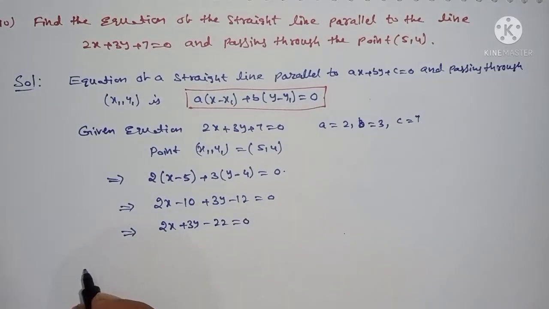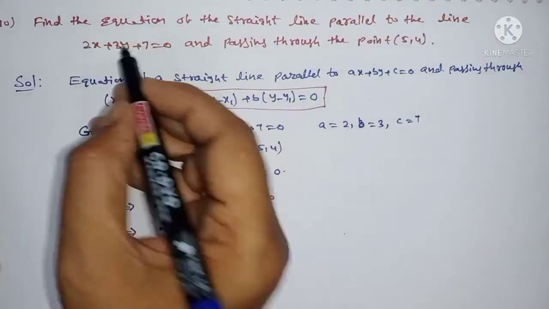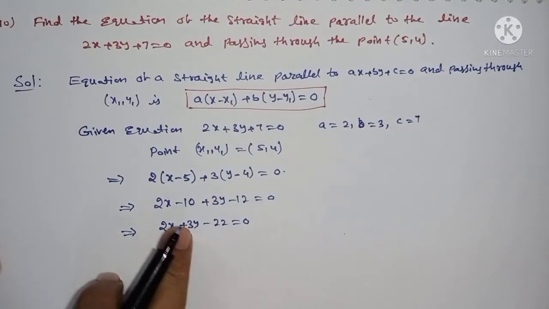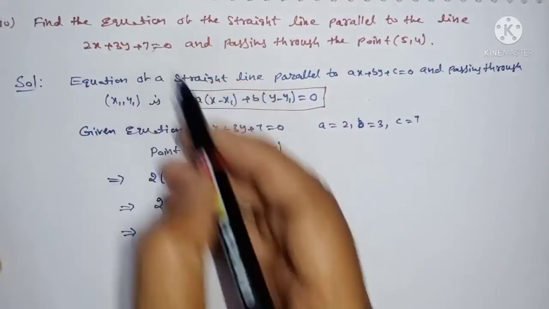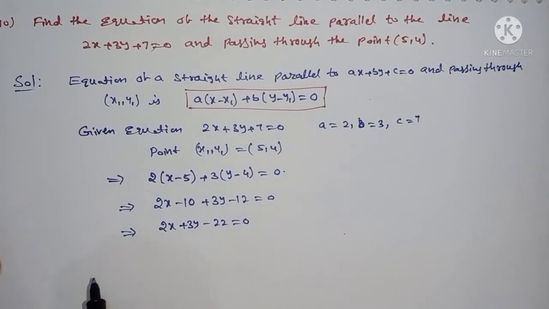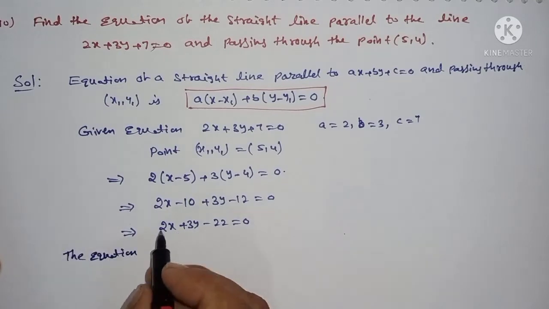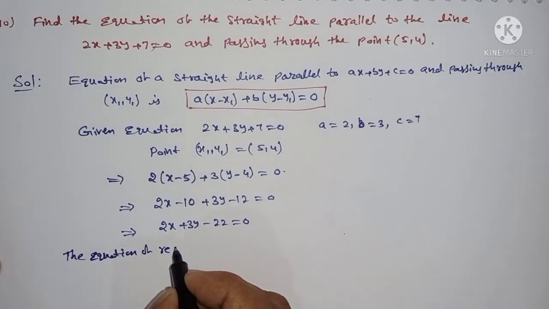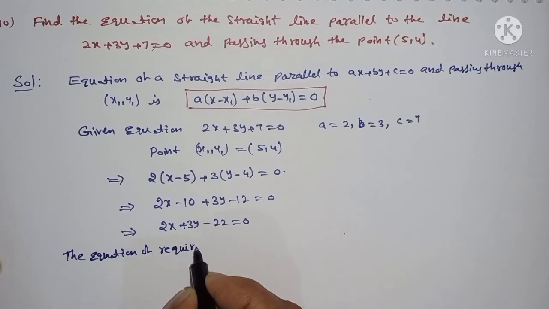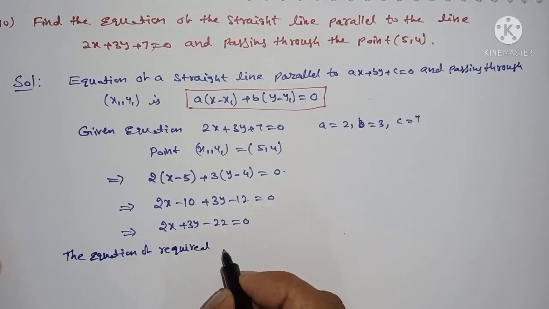This is the required line equation, parallel to 2x plus 3y. Therefore, the x and y coefficients are not changed, 2x plus 3y; only the constant has changed. Yes, C1 and C2 are changing. You can observe here the equation of the required line.